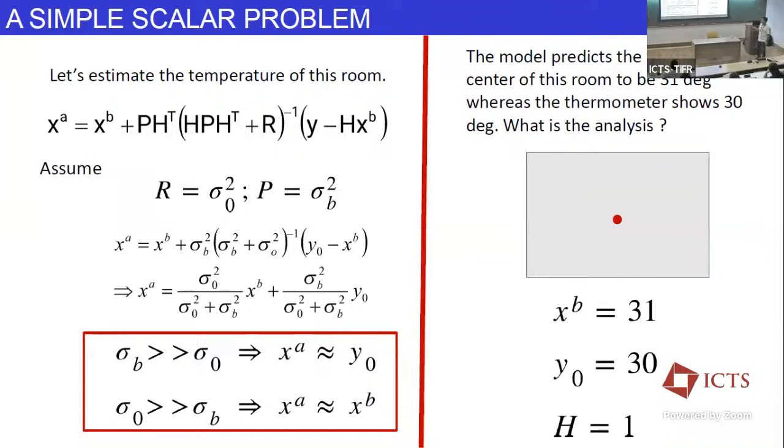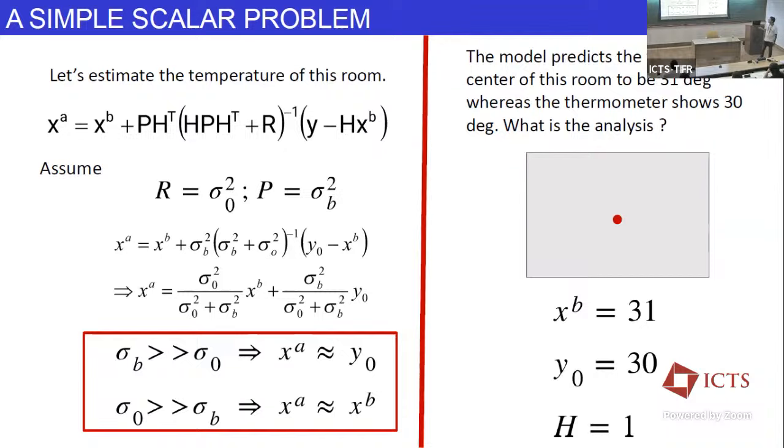Now, I pose a very simple question: suppose there is a model that predicts the temperature of this room, and it has predicted something to be 31 degrees Celsius, okay? Whereas when you take a thermometer to the center of this room, it says 30 degrees. The question is, we are trying to go near to the truth, which is the analysis. So what is the analysis in this case? This is very simple.